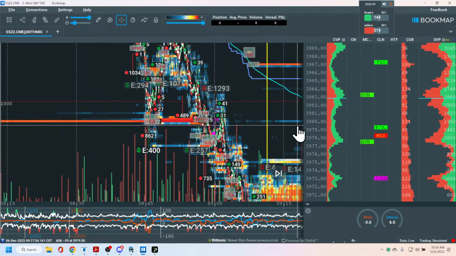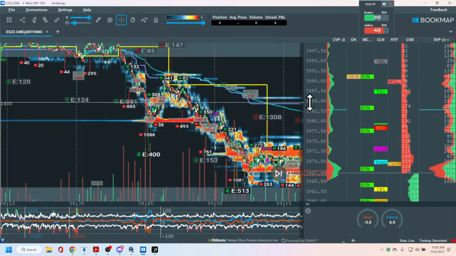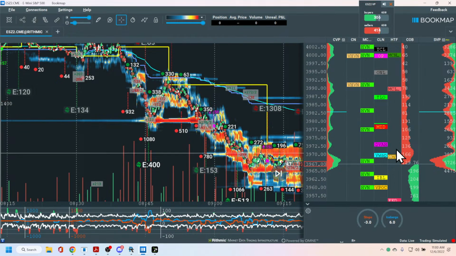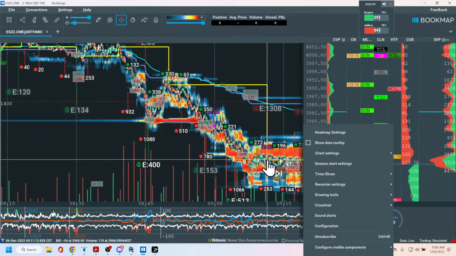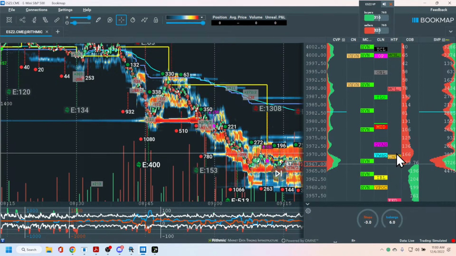Oh, another short. Watch. VPOC migration. Now this is a target. If you guys remember 3970 from the higher time frame chart, this is a target area. Now when I get here, I'm looking at it and I'm going, okay, but this just came down saying retail area to observe.